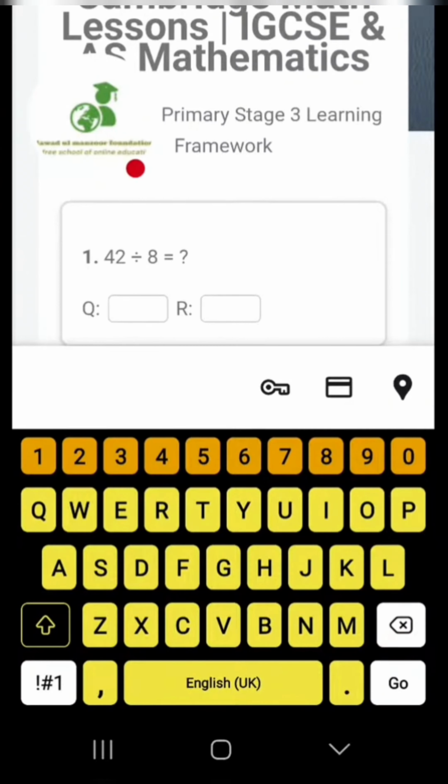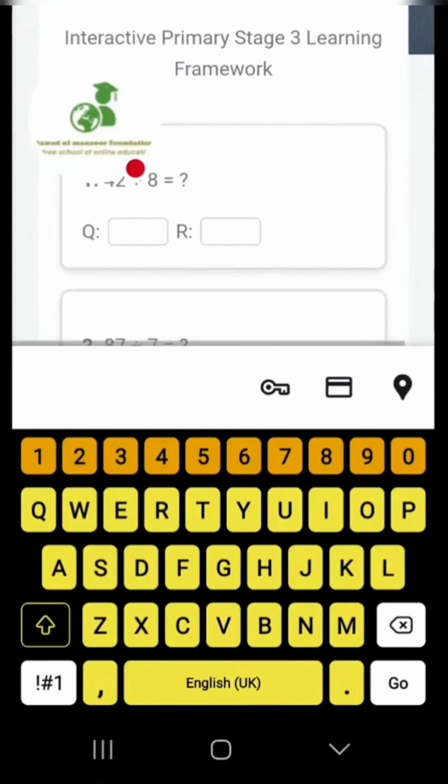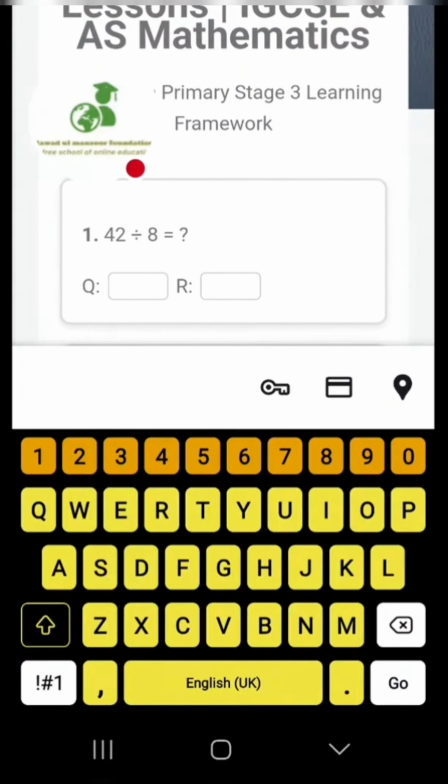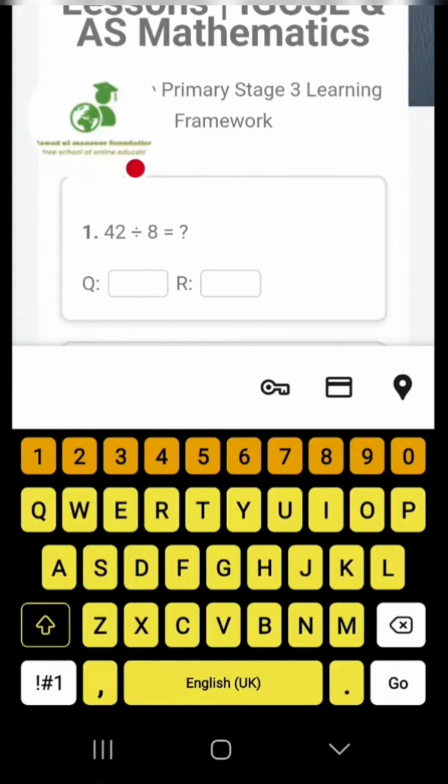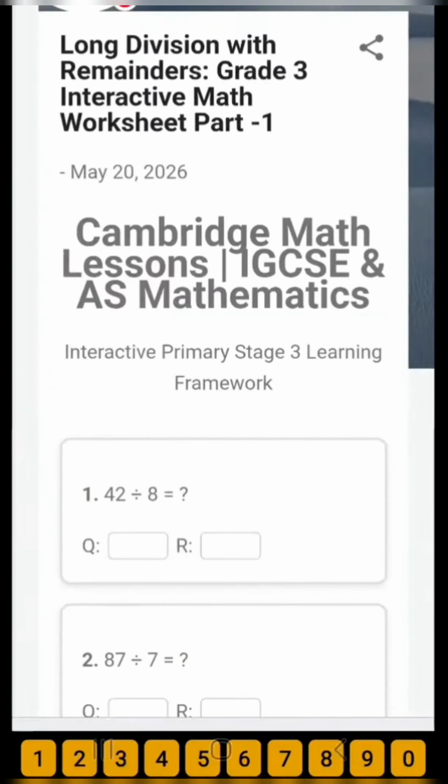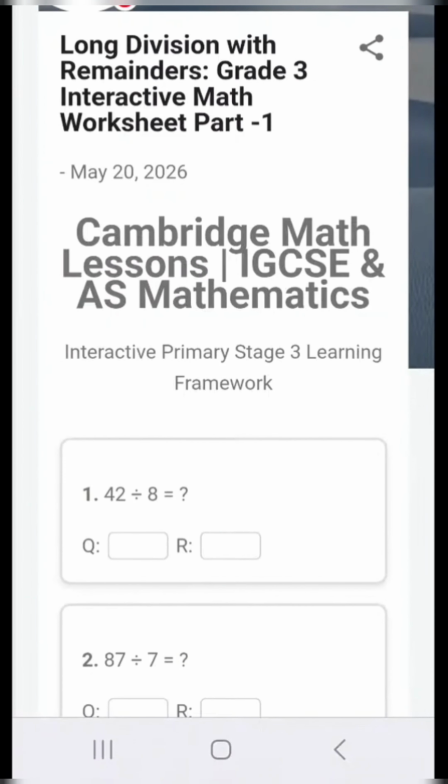If you are in grade 3, you must learn the table from 2 to 12. Okay, so question number 1 is in front of you. 42 divided by 8. So how will you solve it? 8 5s are 40.